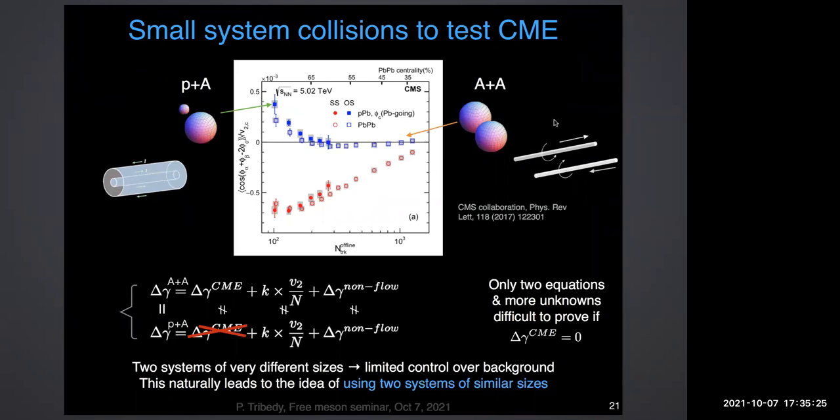And note one more thing: if you think of a heavy ion collision as two current-carrying wires, you have to think of proton-lead as a wire that has, basically, a wire inside it.